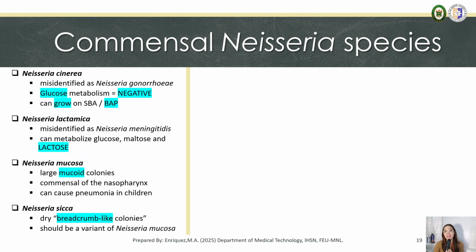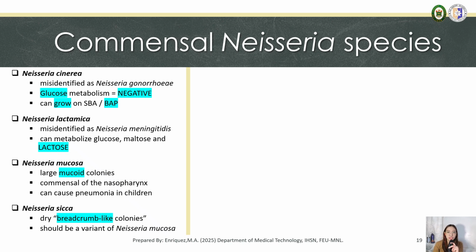Neisseria cinerea has received considerable attention in recent years because of its misidentification as Neisseria gonorrhoeae in some commercial identification systems. So, although Neisseria cinerea is glucose negative in CTA sugars, the glucose was interpreted as positive in some commercial kits, making it biochemically identical to Neisseria gonorrhoeae.